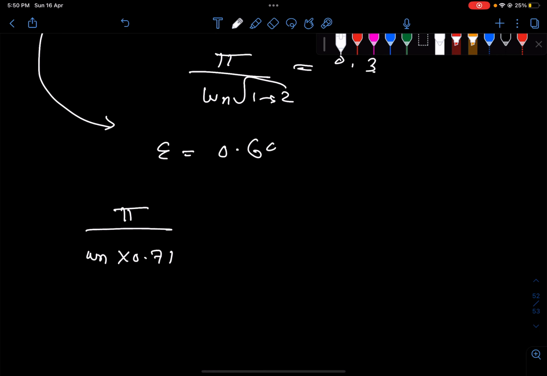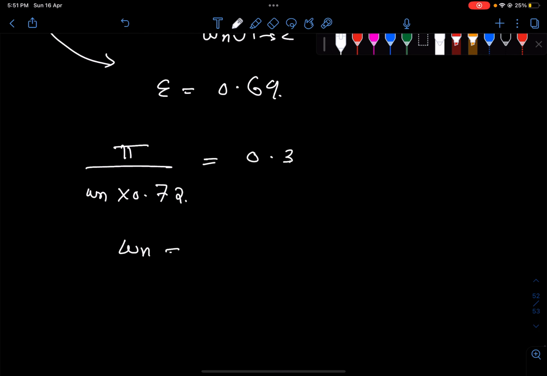If I am doing 0.69, this is 0.72, equal to 0.3. What is omega n? Pi divided by 0.3 into 0.72. What is that?